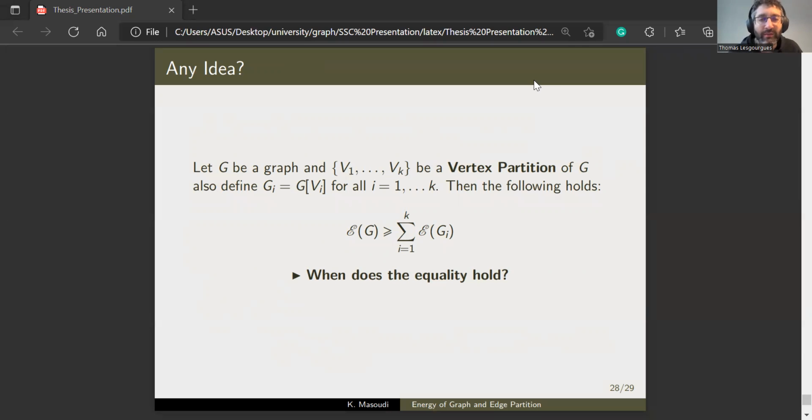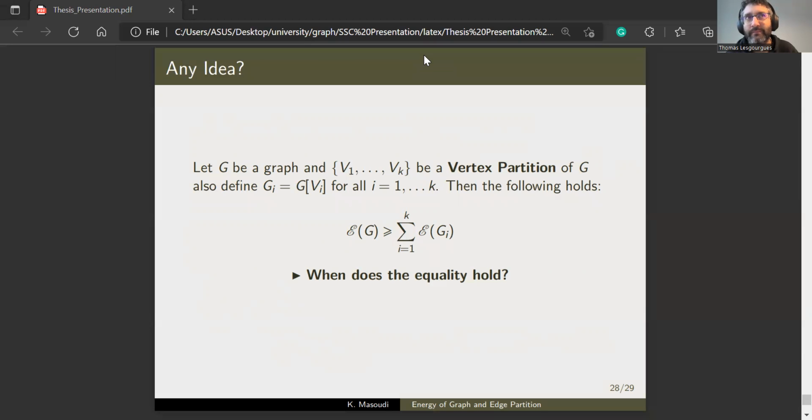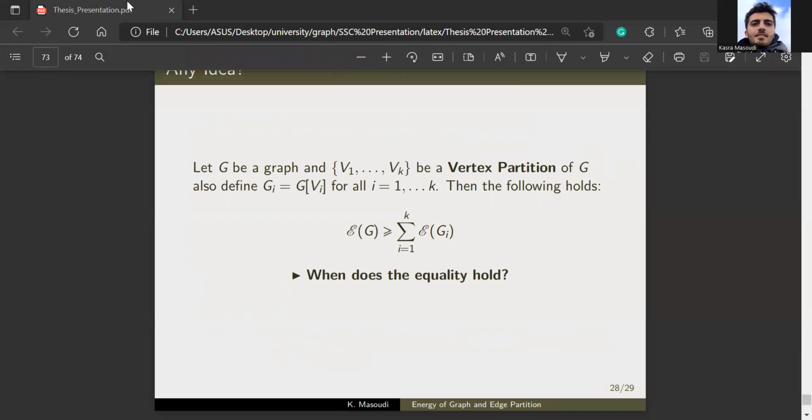So for the last question you asked, do you have any intuition? When would that work actually? When do you have equality? Yes, we searched for equality conditions and we found some graphs where equality holds, but we don't have any good condition.